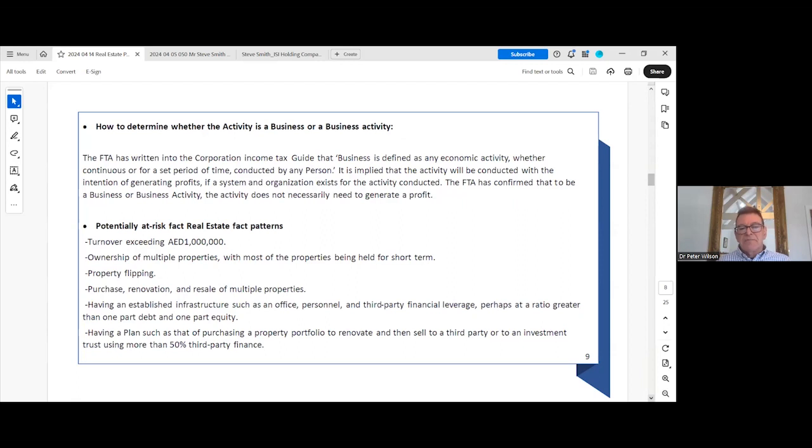But if our person has got 10 apartments and has employed an agent, and our person has an office, and our person has financed the apartments part with their own money and part with somebody else's money, then we're looking at something whereby the person may well have a system and an organisation. So the first issue that we really need to focus on is how does the person go about organising their property portfolio.